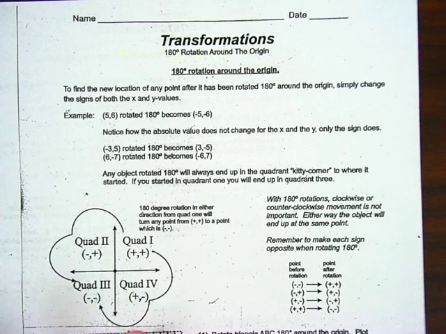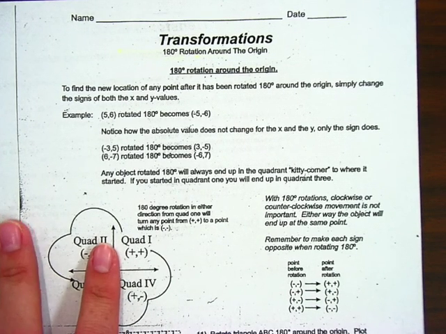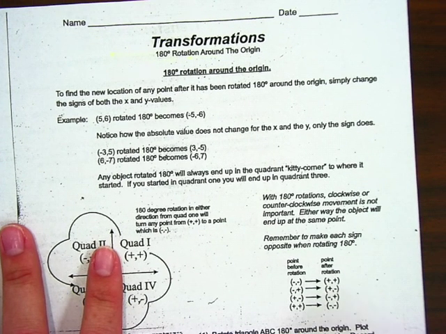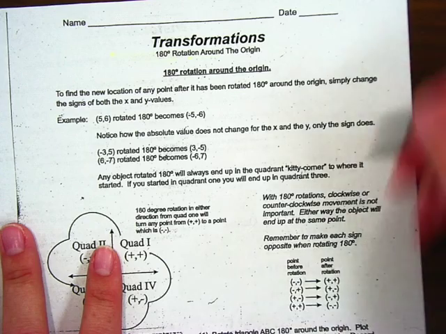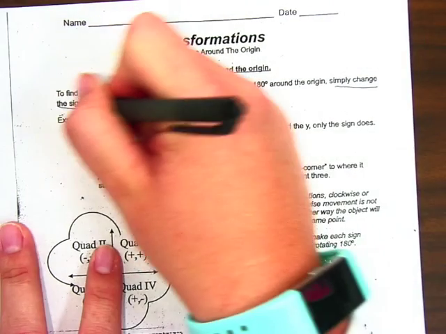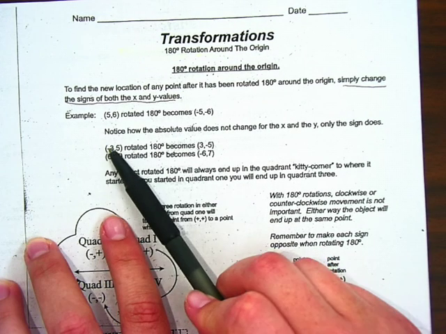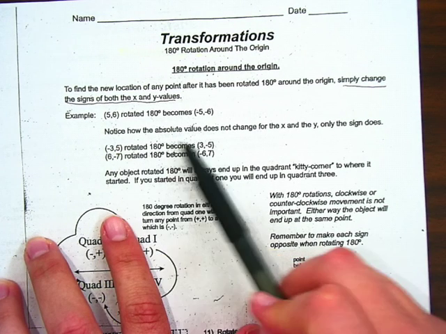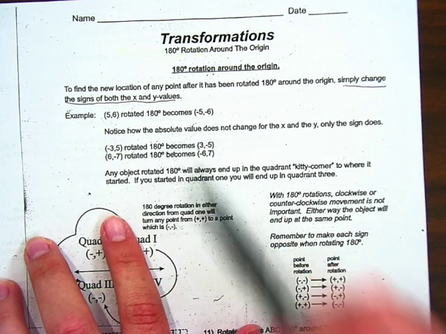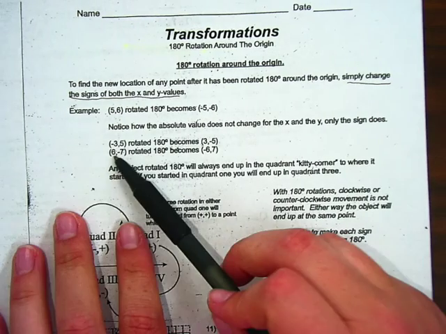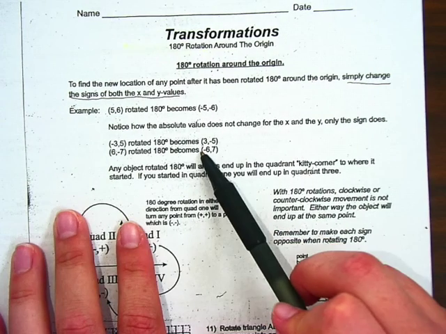So a 180-degree turn is on the back, and all you do for a 180-degree turn is simply change the signs of both X and Y values. So for example, negative 3, 5 becomes a positive 3 and a negative 5. A positive 6 and then a negative 7 just becomes a negative 6 positive 7.